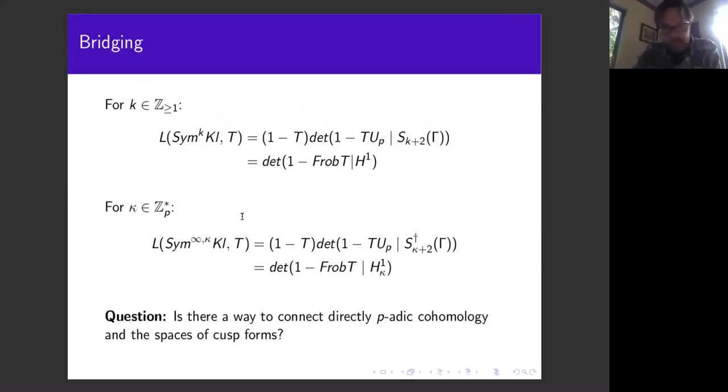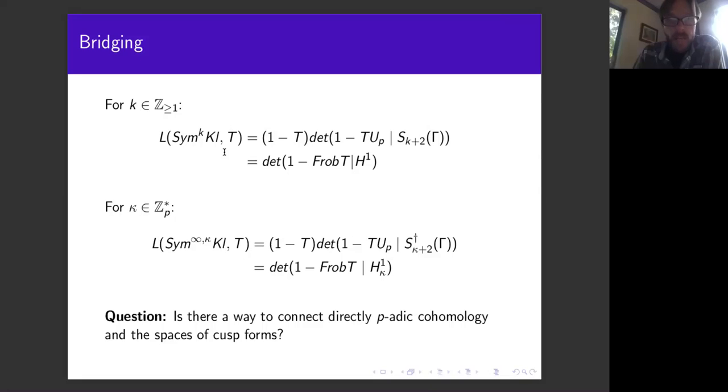Okay, so I kind of want to summarize some of the stuff we've been talking about so far. So here are the finite symmetric powers. One of the results was that the k-th symmetric power L function was equal to this Hecke polynomial, the U_p operator acting on the space of cusp forms.